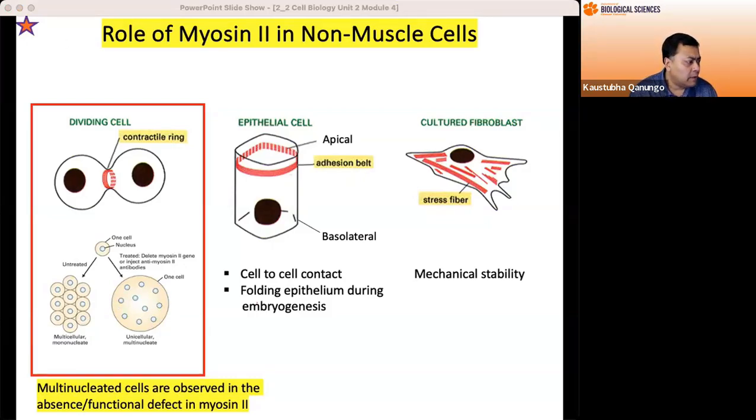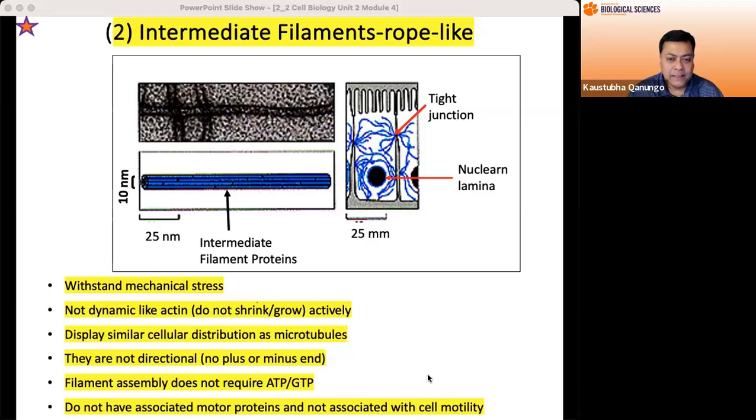Very straightforward. Let's start with the intermediate filament. This is a small one, but each one of these could be answer choices, so that's why they are in there. Remember the properties: they withstand mechanical stress, they are not dynamic like actin, and they do not shrink or grow actively. Remember that they do not have a plus or minus end.